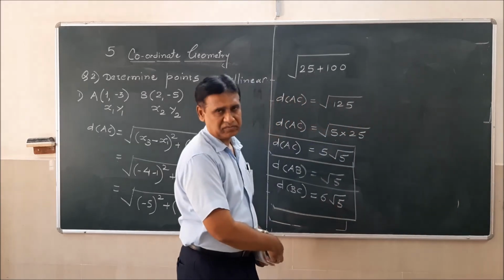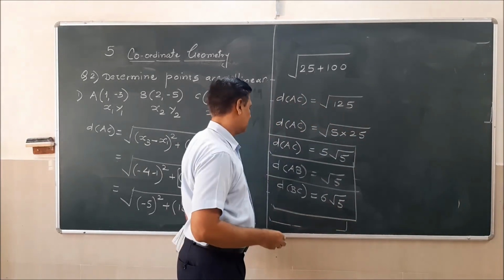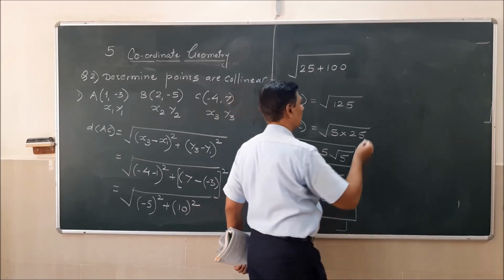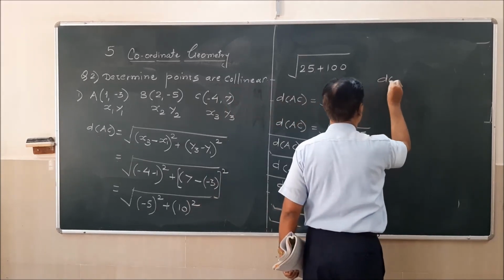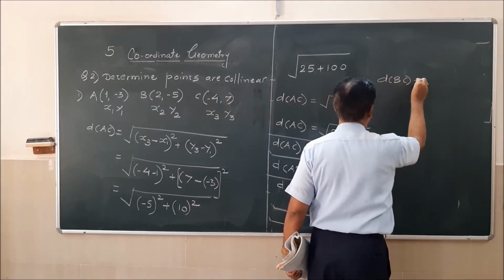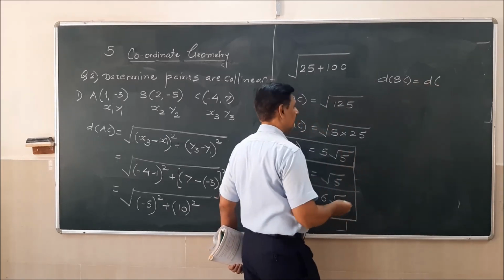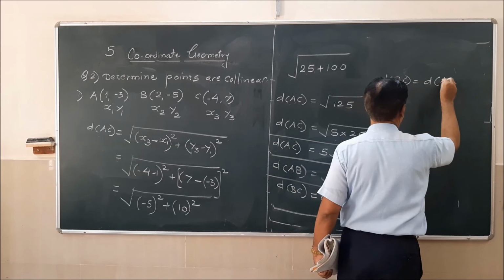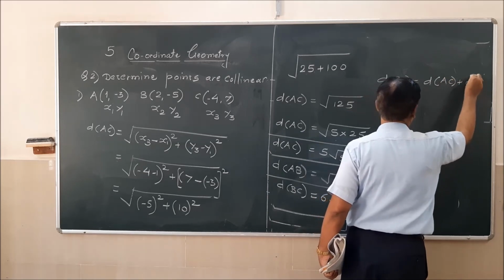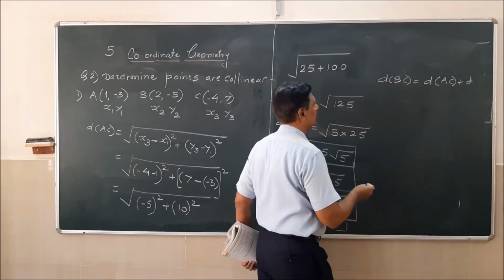We have to give an explanation, of course, that distance BC is equal to distance AC plus distance AB.